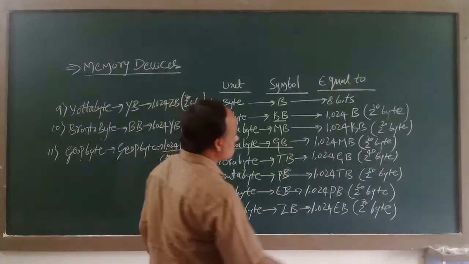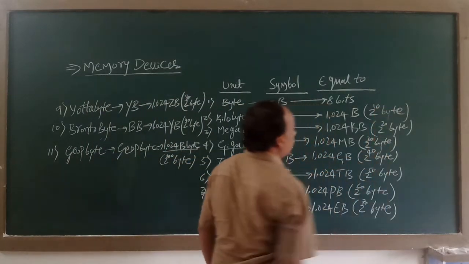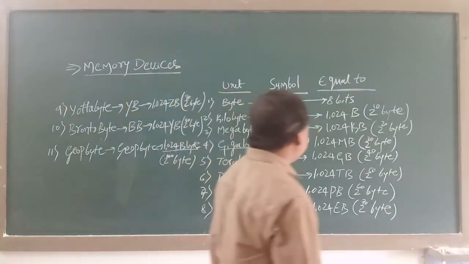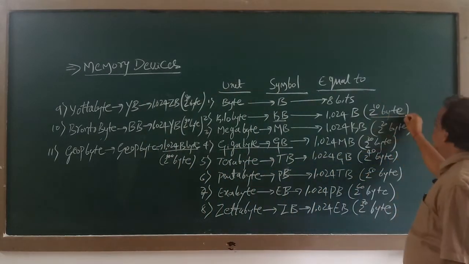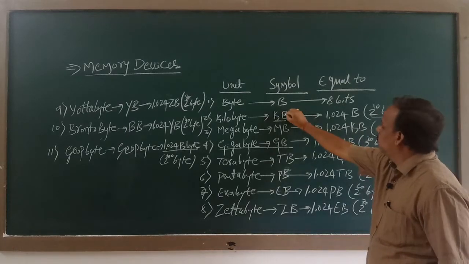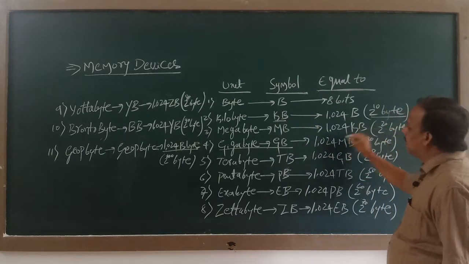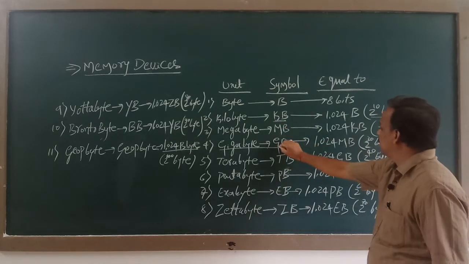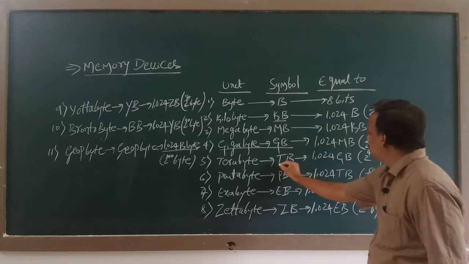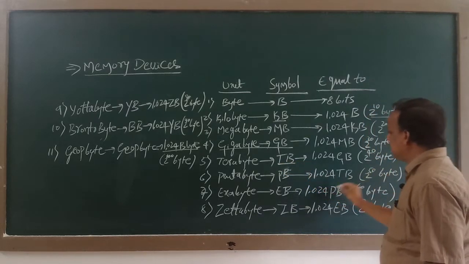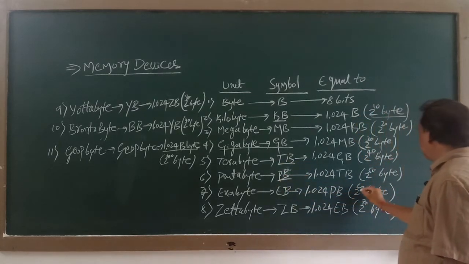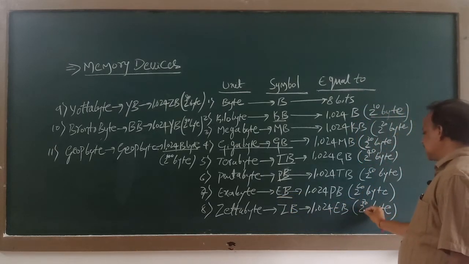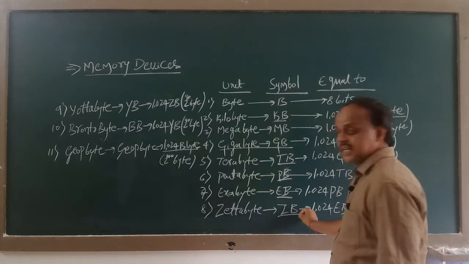Just observe here, 2 power 10 bytes means 1 kilobyte. 2 power 20 bytes means 1 MB. 2 power 30 means 1 GB. 2 power 40 means 1 terabyte. 2 power 50 means 1 petabyte. 2 power 60 means 1 exabyte. 2 power 70 means 1 zettabyte.